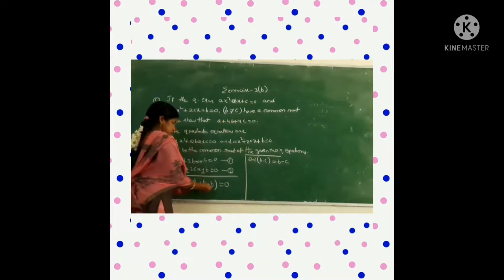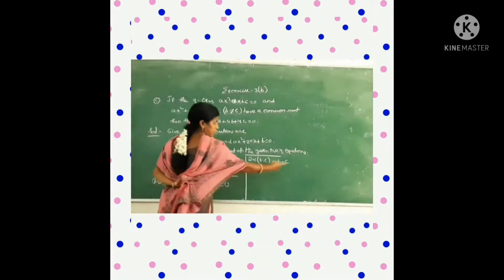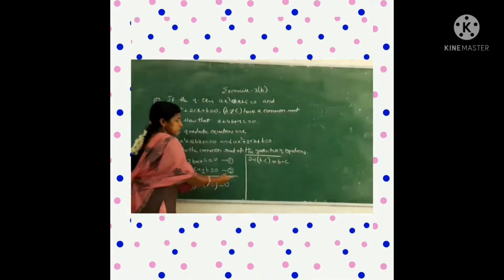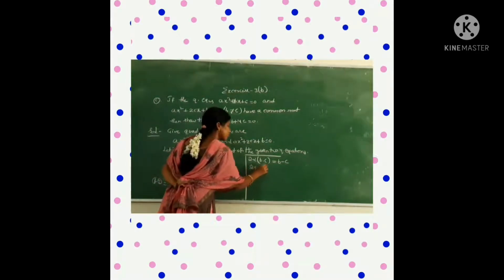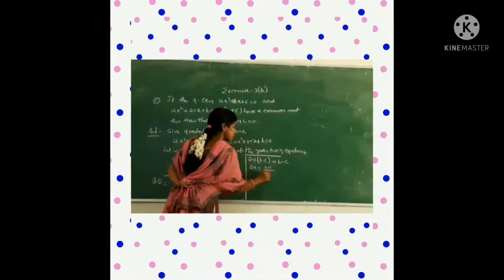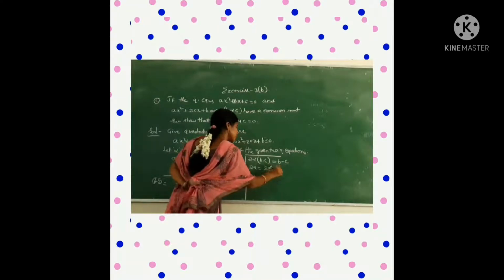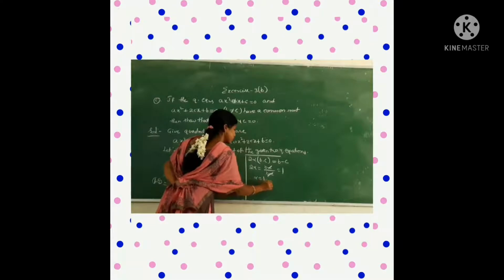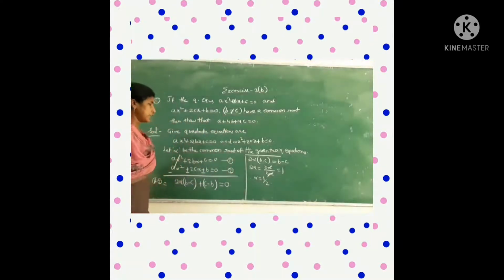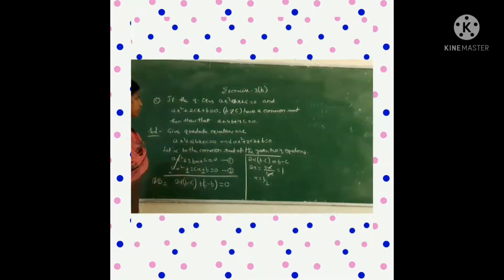See here the signs are changed: plus c becomes minus c and minus b becomes plus c. That is why 2 alpha is equal to b minus c by b minus c, both cancel, we get 1. Therefore alpha is equal to 1 by 2.